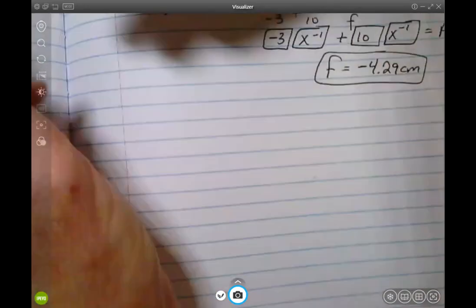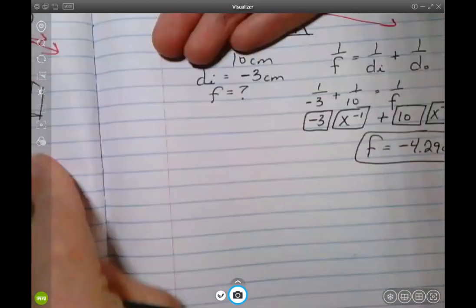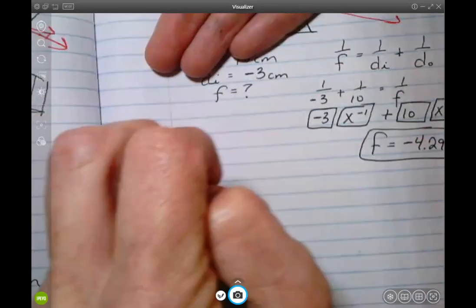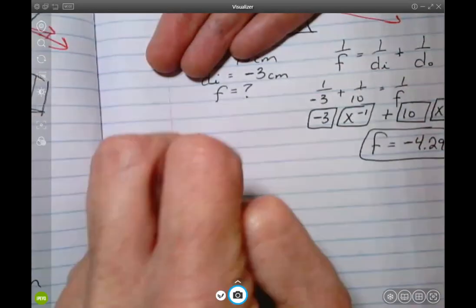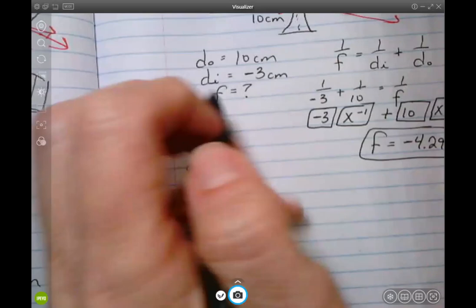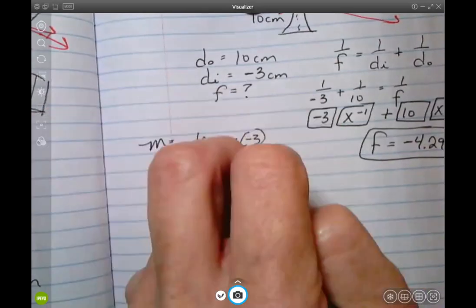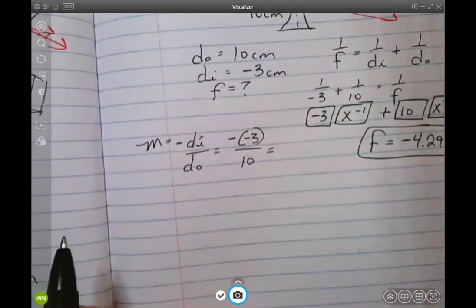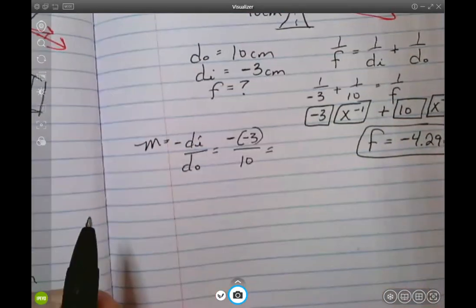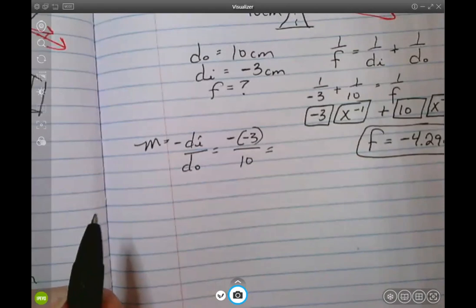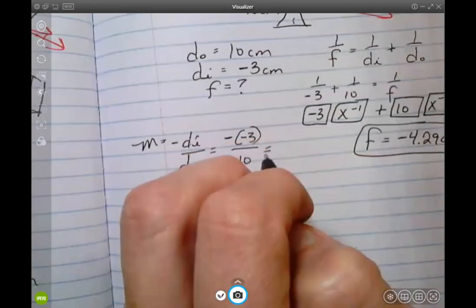All right, let's do magnification real quick. Magnification is negative di over do. So that's -3 over 10. So what are we getting for magnification? Yeah, 0.3.